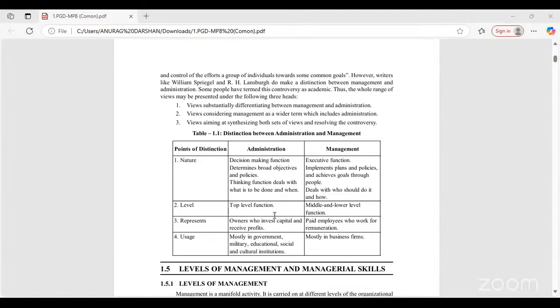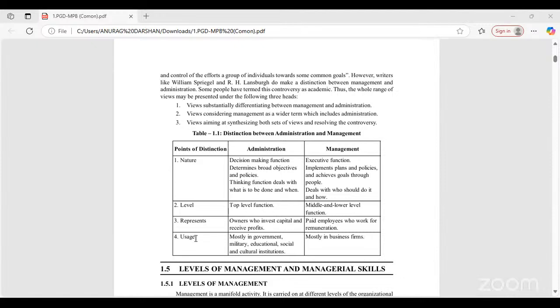Administration is always at the top level, where they just sit, decide, plan, and give the orders, give the information to the next level of management. Whereas management comes from the middle and the lower level. The middle level will help in executing the objective, and the lower level will work on the objective.